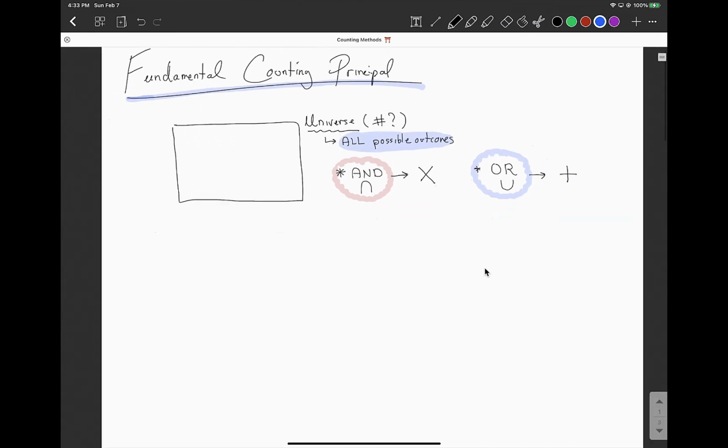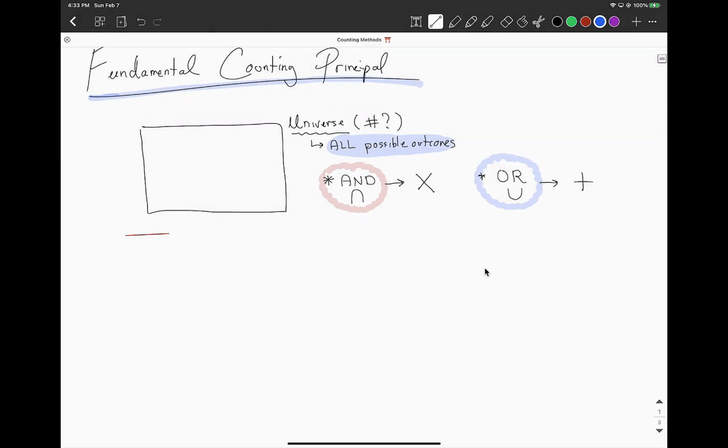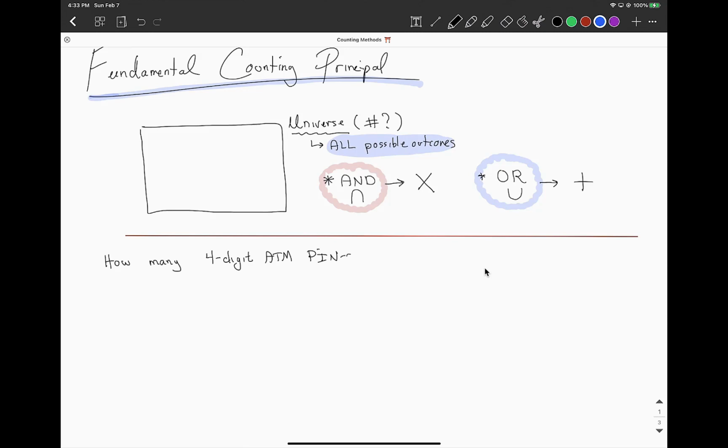So to show this, we could create some smaller scenarios here. How many 4-digit ATM PIN codes are there?